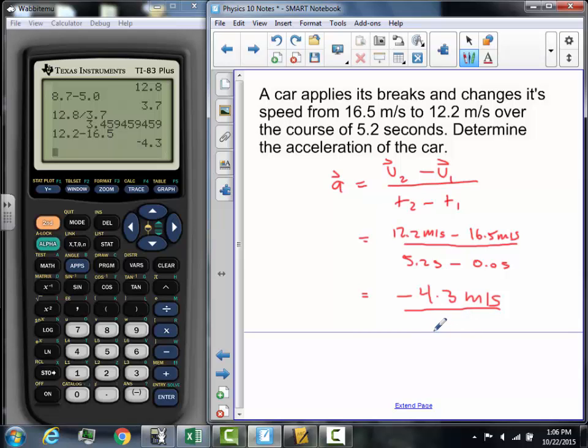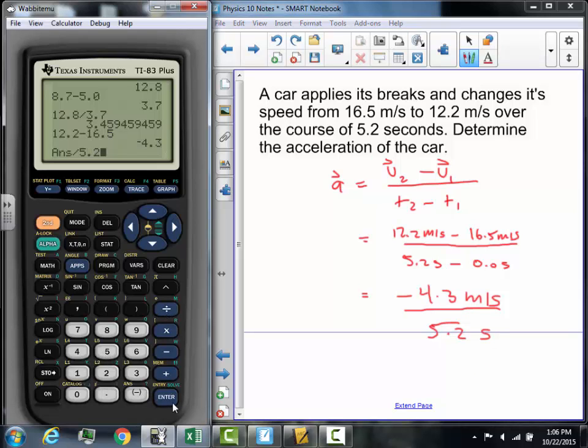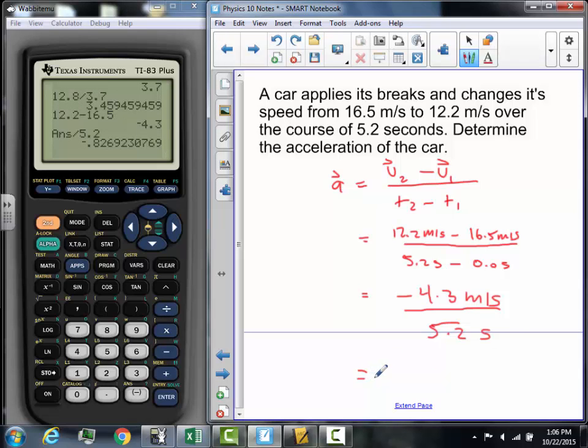Okay. The bottom of the fraction, I don't think I actually need to subtract 0. I know it's going to be 5.2 seconds. So let's take negative 4.3 and divide by 5.2. I got an answer of negative 0.826923 or so.